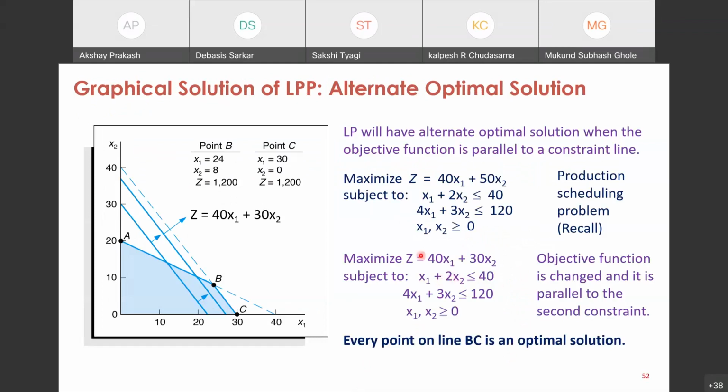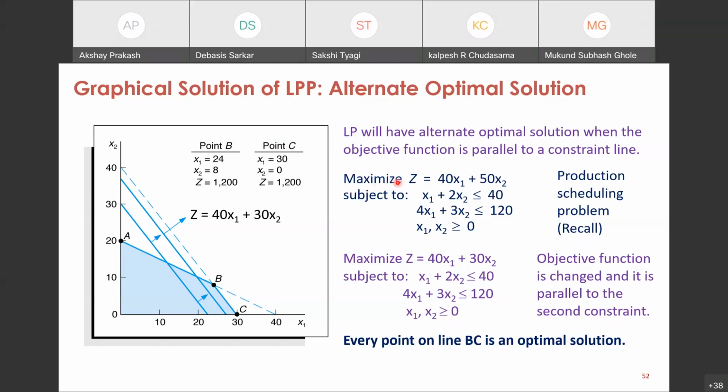Alternate optimal solution. A linear programming problem has an alternate optimal solution when these objective functions, which you are using to find the optimal solution, as you move in this direction, objective function value increases.